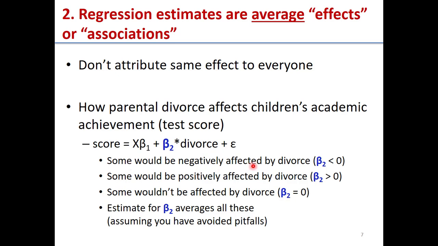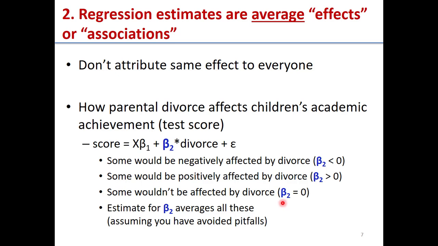Some would be negatively affected by the divorce, meaning their beta 2 would be less than 0. That is, some kids might be positively affected by the divorce. It might get them out of perhaps a bad family situation. And so their beta 2 would be greater than 0. And then some kids just would totally brush it off. It wouldn't affect them, or they're so smart in school that it doesn't matter if their parents get divorced or not.